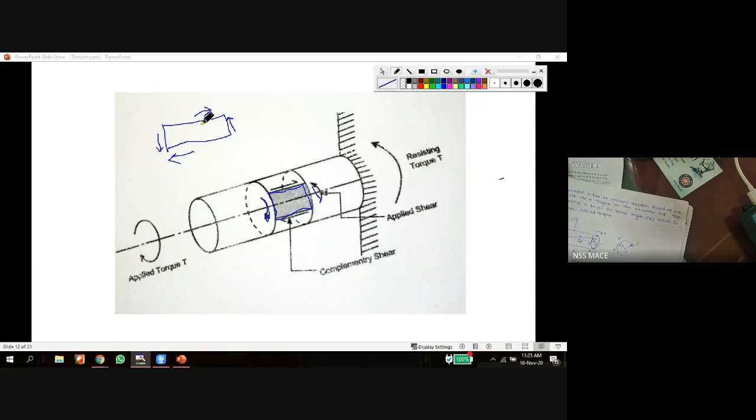To balance these, a complementary shear stress is developed in the longitudinal direction, along the axial direction. These two shear forces are in the lateral direction, but the complementary ones are along the longitudinal or axial direction.